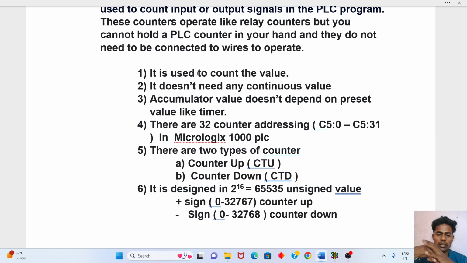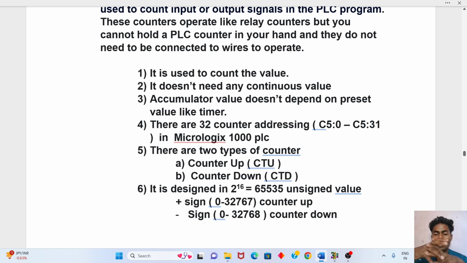And fourth, there are 32 counter addresses in PLC MicroLogix 1000, C5:0 to C5:31. And fifth, there are two types of counter: counter up and counter down. CTU, what is the full form of CTU? Counter up. And what is the full form of CTD?